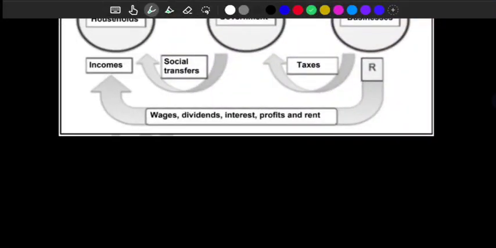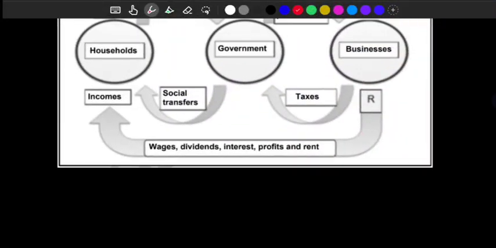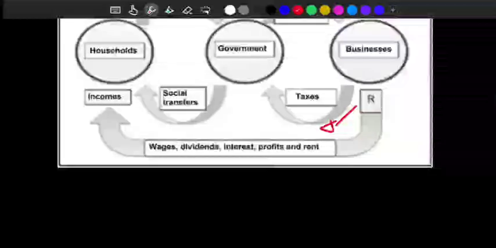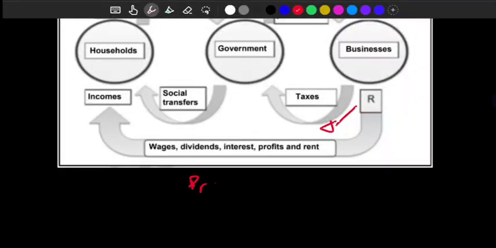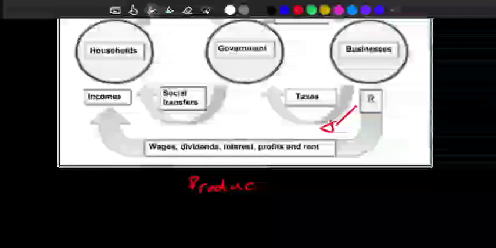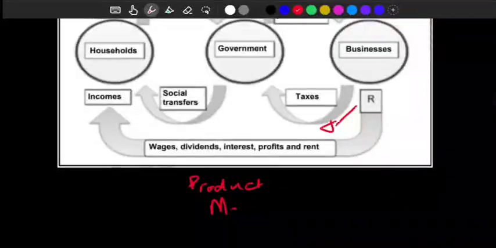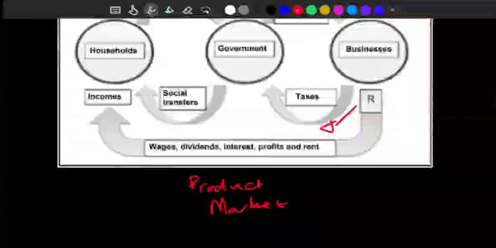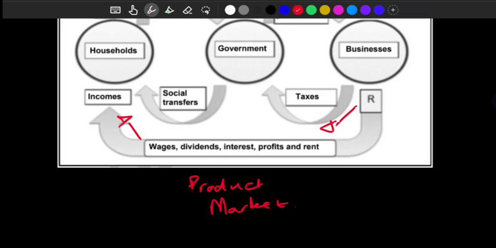Then we have at the bottom, businesses will provide goods and services to the product market. I hope I can spell market this time. Product market, right? And households will buy them. In return, we will spend our money, hard-earned money, to pay the business, and the business makes money.